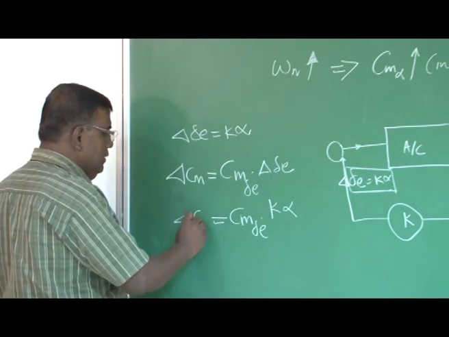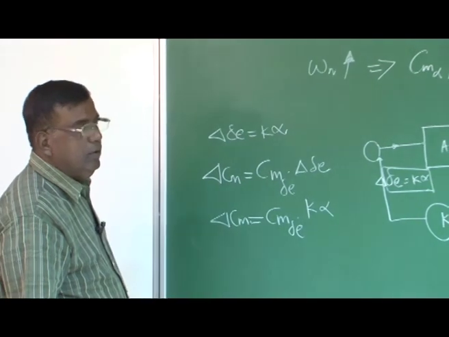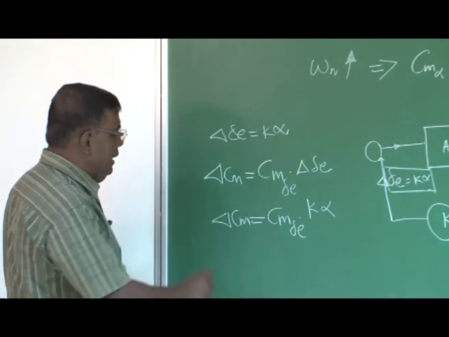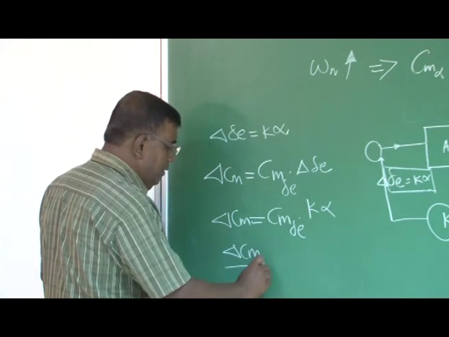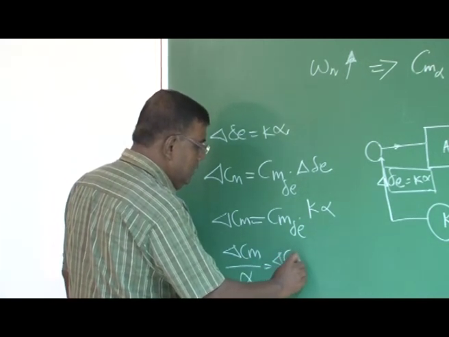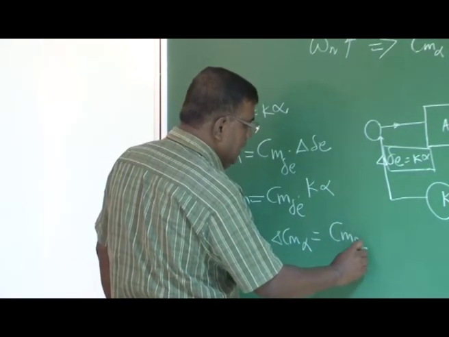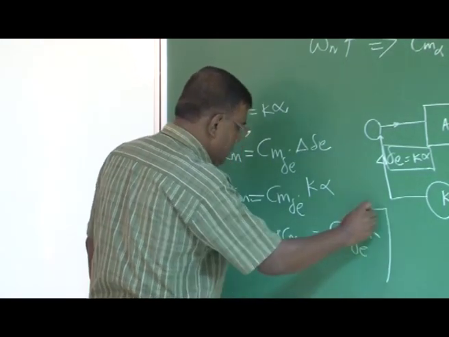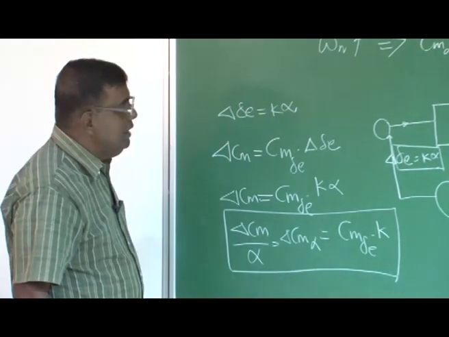So this is delta Cm introduced by giving delta E equal to k alpha, and then from here delta Cm by alpha, which is delta Cm alpha, is nothing but Cm delta E into k.